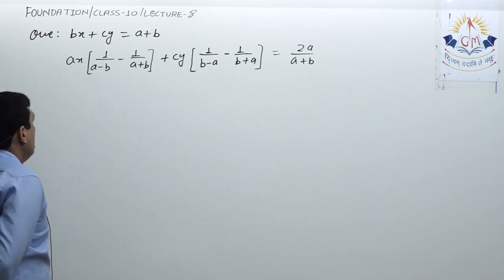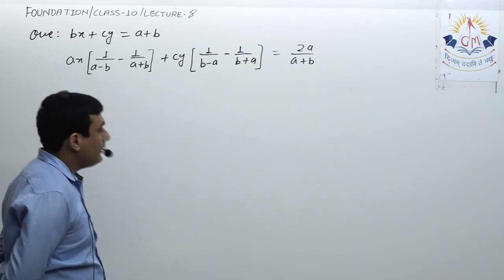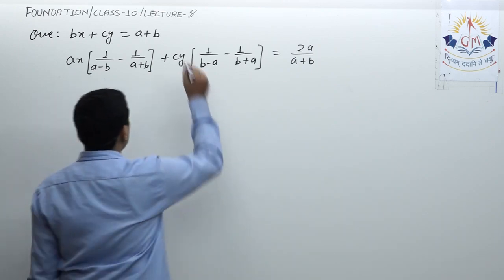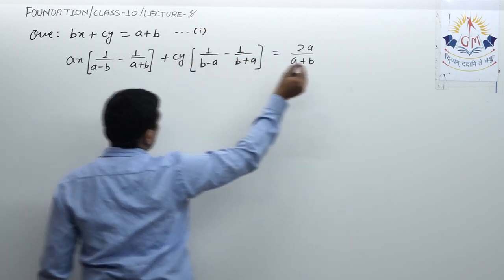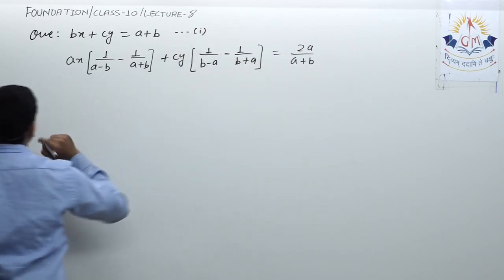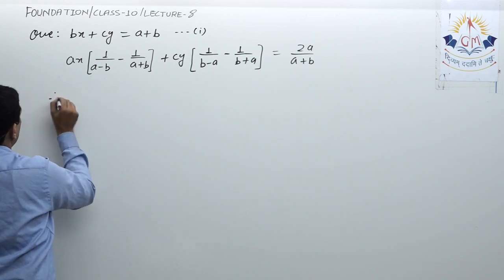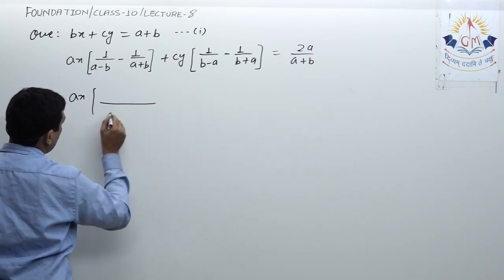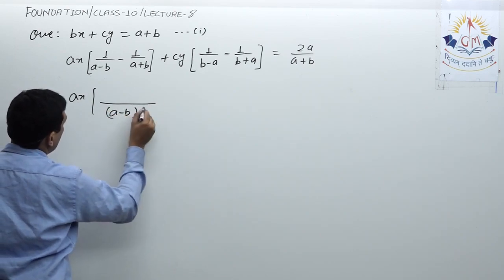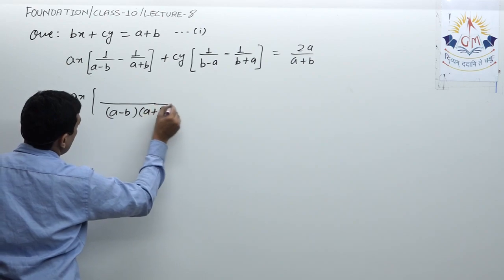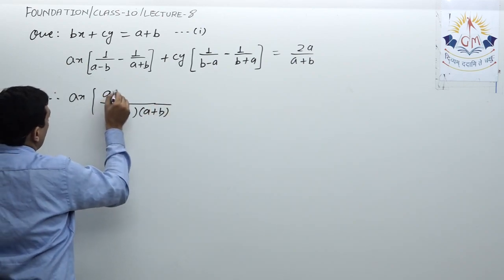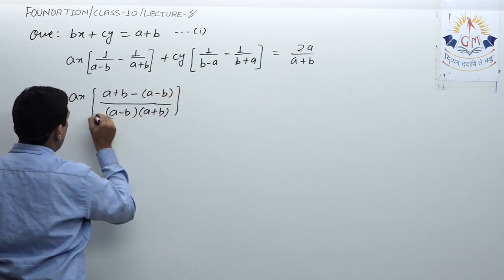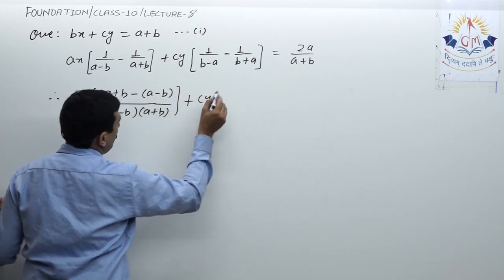So this is the second equation. So again, just like the previous sum, first of all we'll simplify equation number 2. Okay, so let us see. Ax, here definitely we have to go for the LCM, that is (a − b) into (a + b), and over here it will become (a + b) minus (a − b), plus cy.